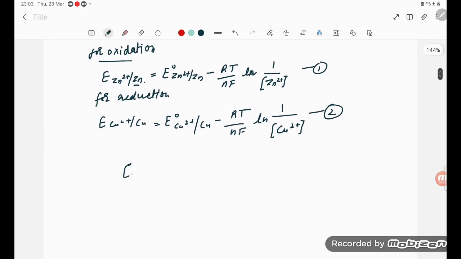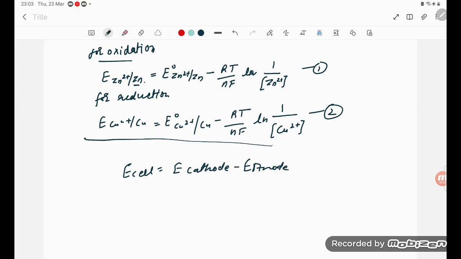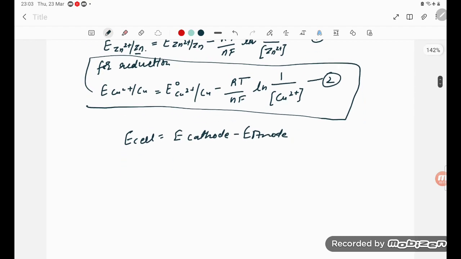And we know, students, E cell is equal to what? That is E cathode minus E anode. So which is going to be the cathode? Reduction means cathode. So this equation you write first.